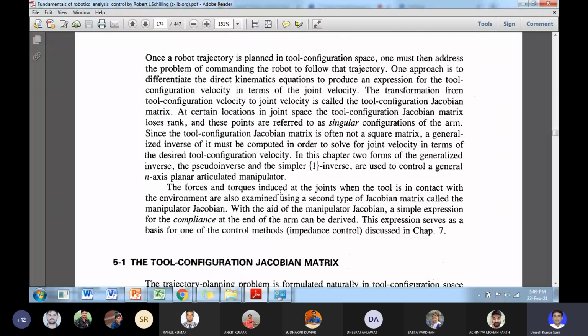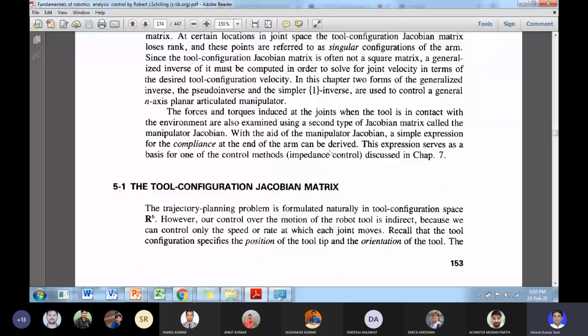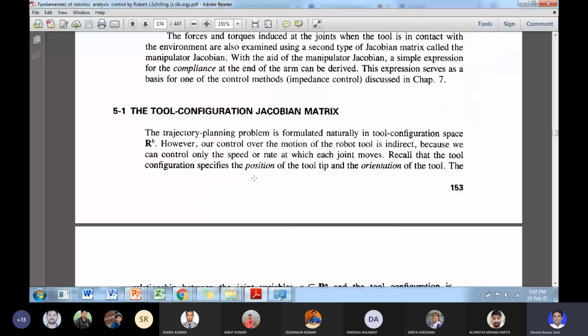The forces and torques induced at the joints when the tool is in contact with the environment are also examined using the Jacobian matrix. So we first consider the tool configuration Jacobian matrix.